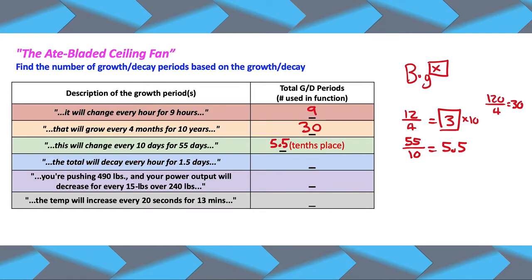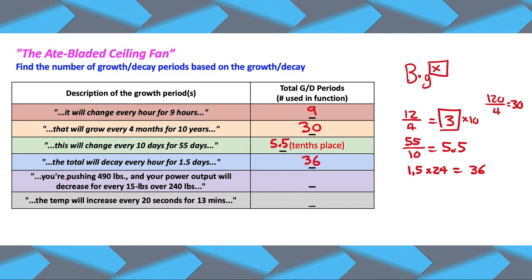The total will decay every hour for 1.5 days. That's tricky. Let's go 1.5 days times 24, and that's 36. So we have 36 hours in 1.5 days, and if it happens every hour, there'd be 36 growth periods.